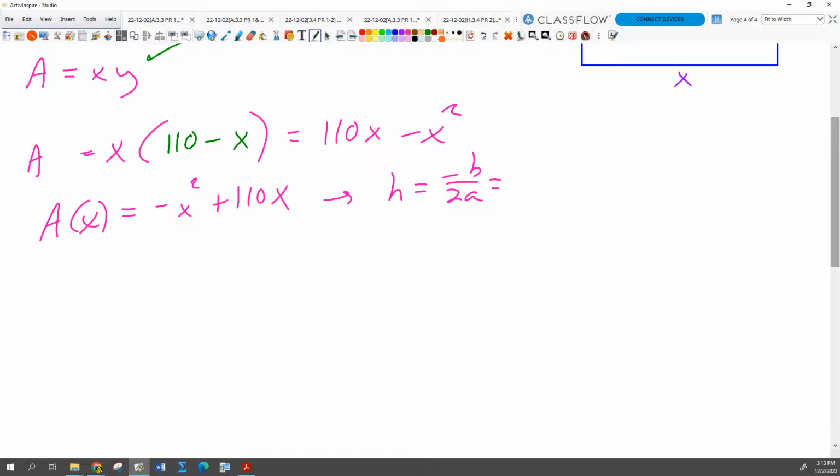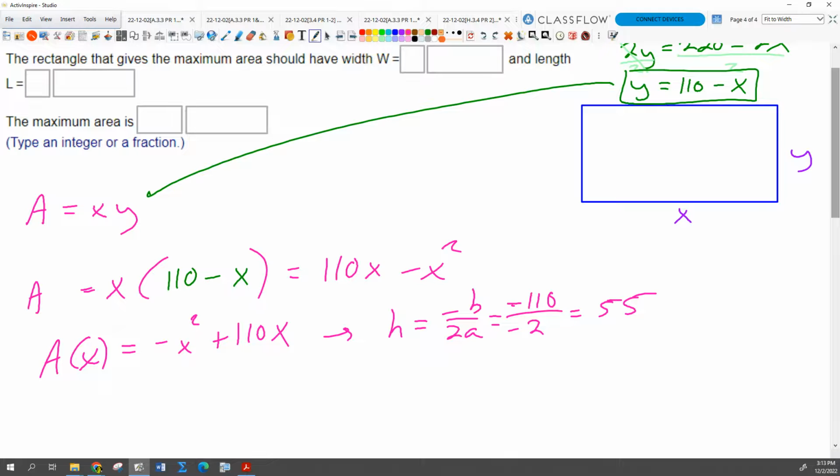What's negative b divided by 2a, that's just negative 110 over negative 2, right? So what do I get, 55? Okay, so everybody agree? I'm just doing a little arithmetic, right?